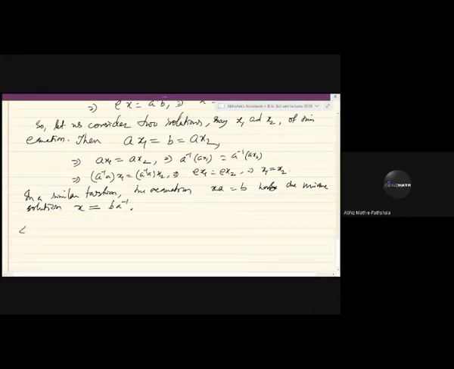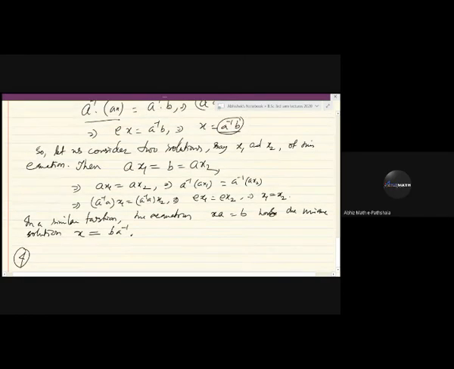Now the number 4 property. I haven't written the fourth property because in this proof you will find something interesting. Just take this one, Ax1 equal to Ax2 implies x1 equal to x2, right?